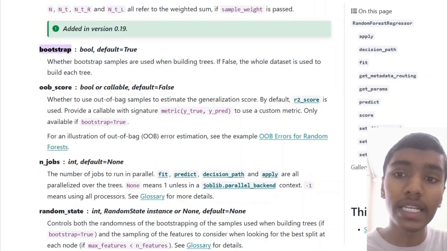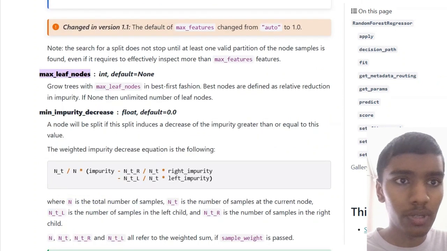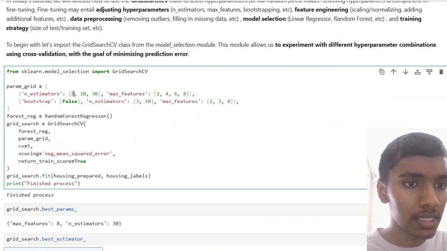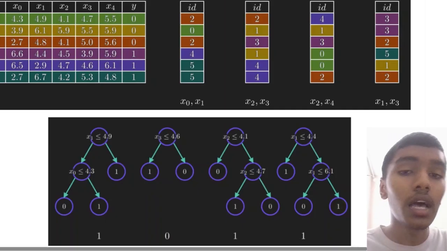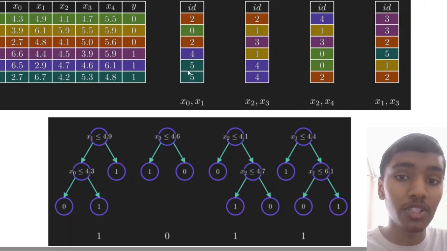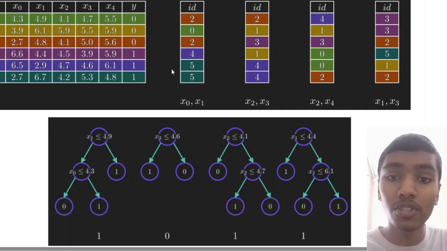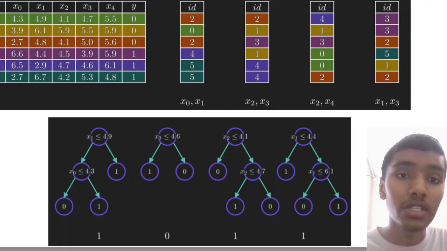If false, then the whole data set is used to build the tree. I believe we had that in one of the previous images. We saw here that these samples were selected via bootstrapping. We selected each of these rows with replacement, which is why you're seeing that some of these samples are repeated, because once we take one of the samples out, we put it back into the data set.